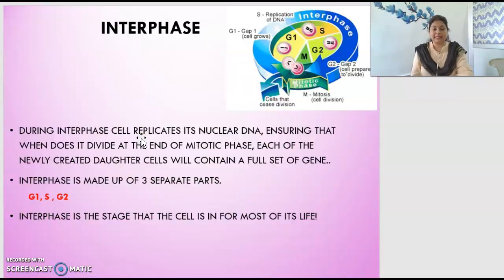The first phase, interphase, is where the DNA replicates, ensuring that when it divides at the end of the mitotic phase, each of the newly created daughter cells would contain a full set of genes. The interphase is again divided into three separate parts: G1, S, and G2. Interphase is that stage of the cell where it spends most of its life, and it is one of the longer phases in the cell cycle.